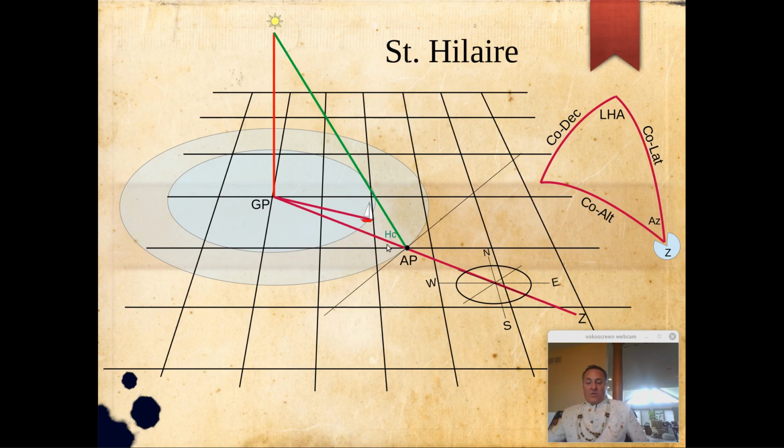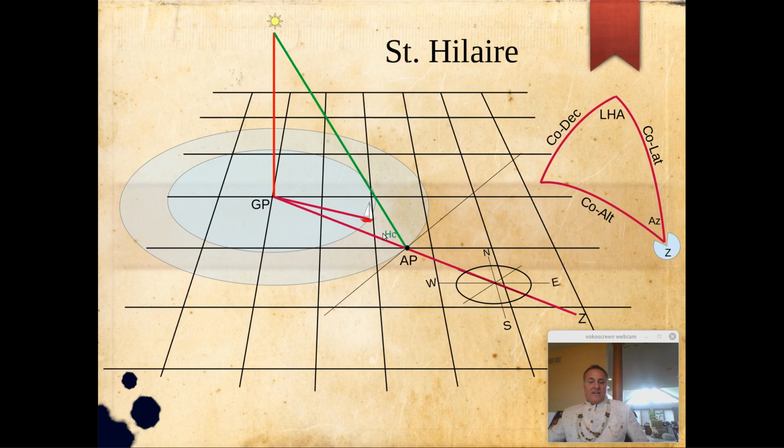This value we're going to calculate as if we were located at the assumed position. We're going to calculate HC. It's actually 90 minus the coaltitude, which is related to this angle here, this leg of the triangle.